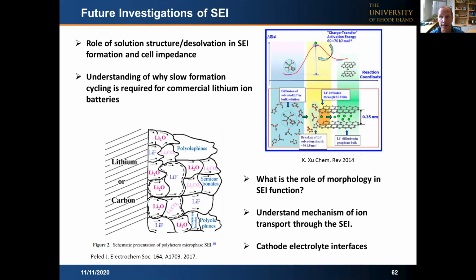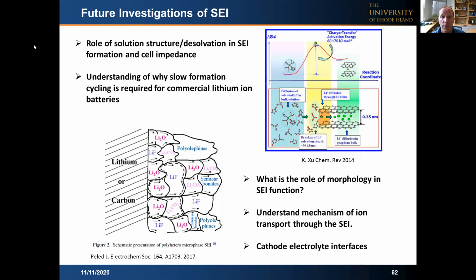And from an industrial perspective, taking a full week of battery cycling time to cycle all these cells is an extremely expensive process. And so if they can develop a better understanding of what is happening to the structure of this SEI because of the slow formation cycling, they would perhaps be able to avoid such a long process of formation cycling.